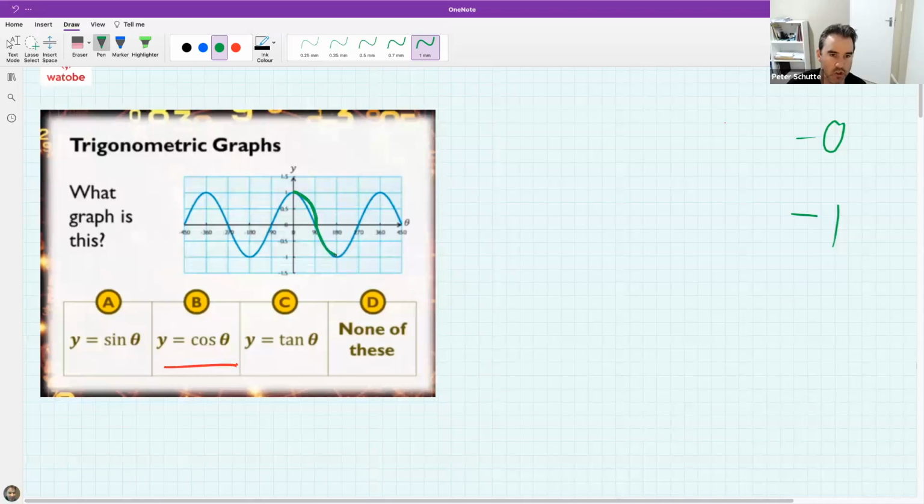That's 1, 2, 3, 4. And so that's why we divide by 4, because we basically are dividing it into these 4 pieces that we are drawing it in. So that's why we go 360 divided by 4 to get my step size of 90.